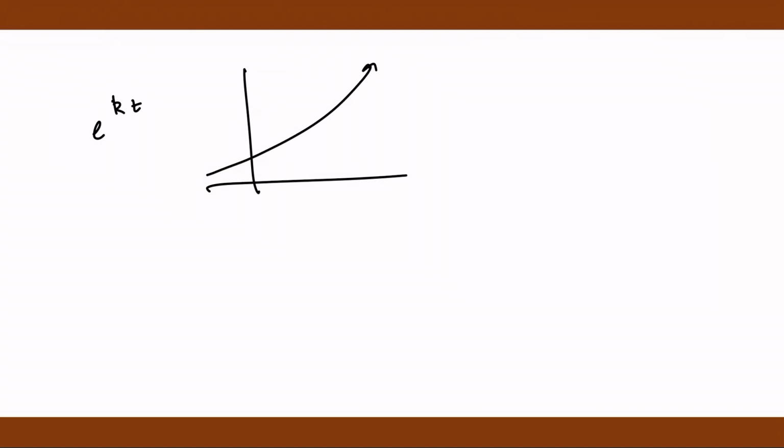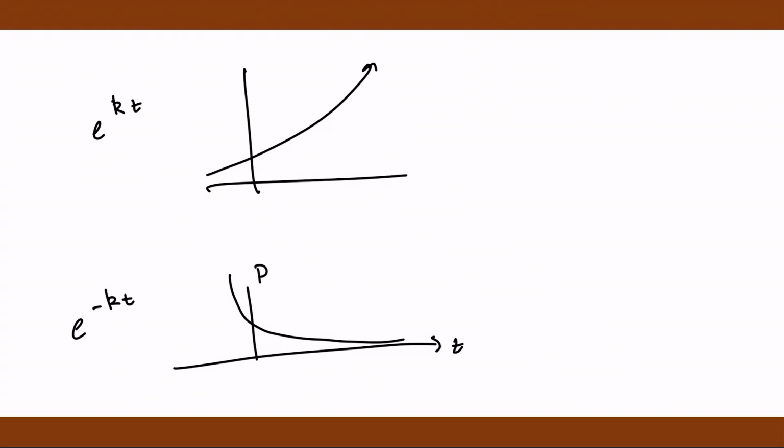And the k tells you how fast it increases, whereas e to the minus kt, well, it looks something like this, basically. Where this is t, this is our p of t. And you want to know what these look like in general, especially for calculus. Being familiar with this function, it shows up all the time.